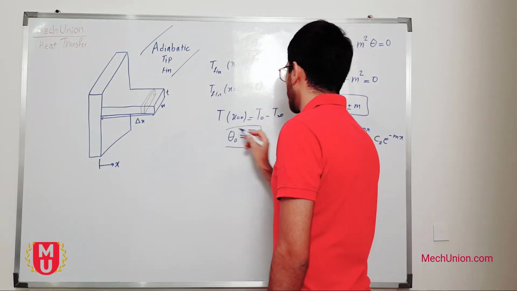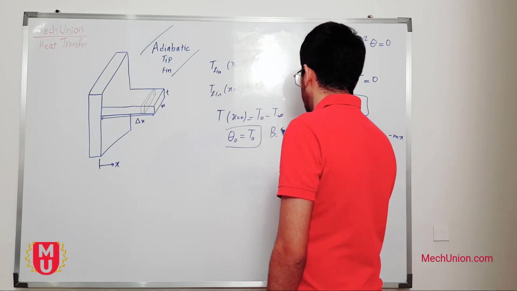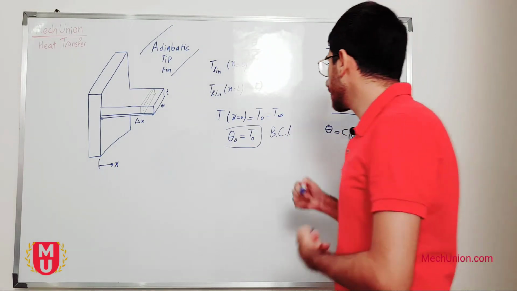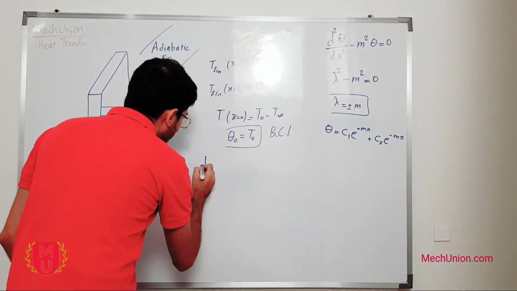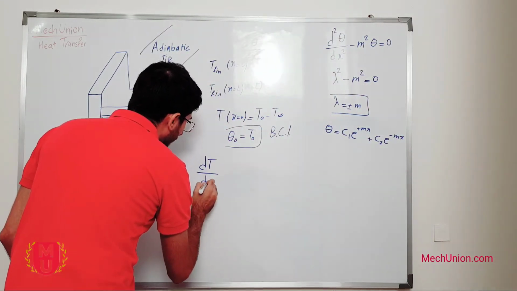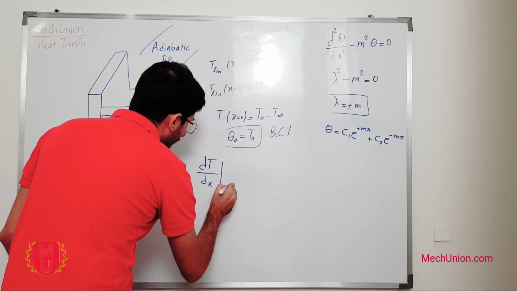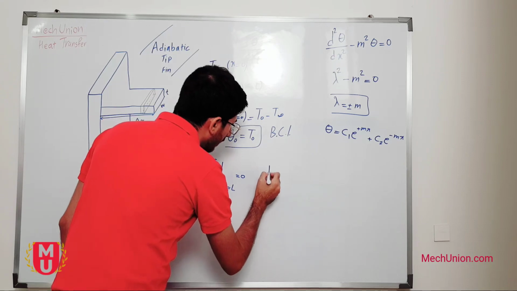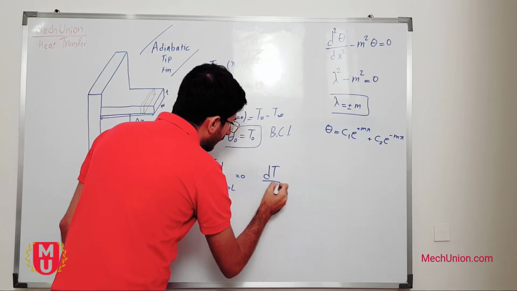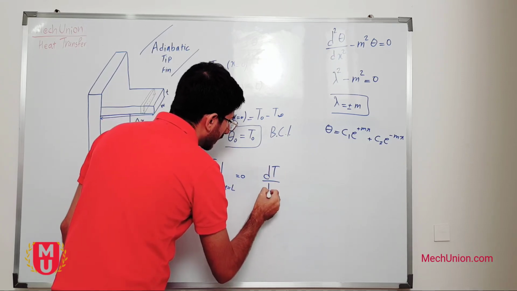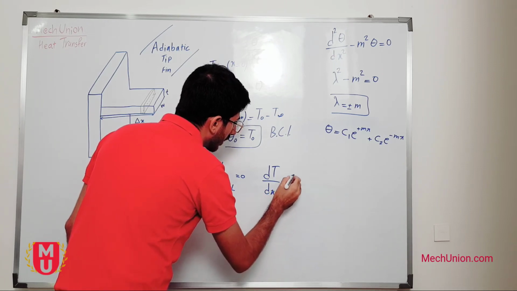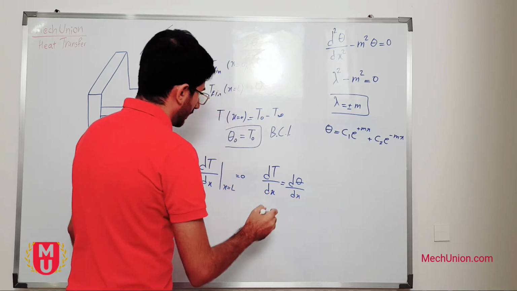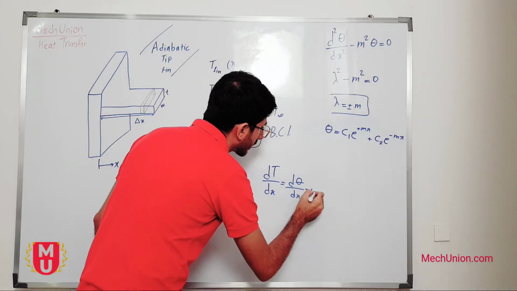It's our first boundary condition, BC1. Our second boundary condition is dT over dx at x equals L is 0. We had dT over dx equals d theta over dx, so again this will be 0.